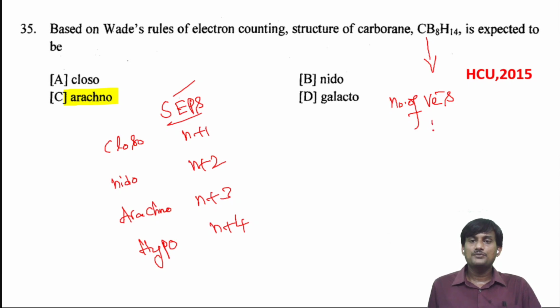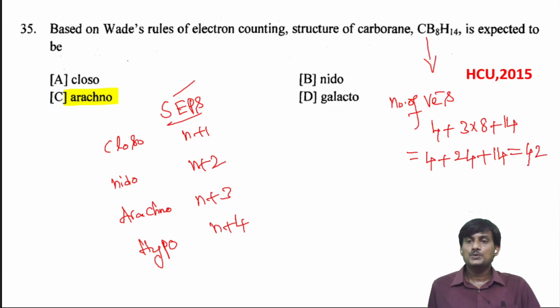Here carbon has 4 electrons, boron 3 electrons, 3 into 8, and hydrogen 1 electron, 1 into 14. It will be equal to 4 plus 24 plus 14, which is 42 total valence electrons in this molecule.